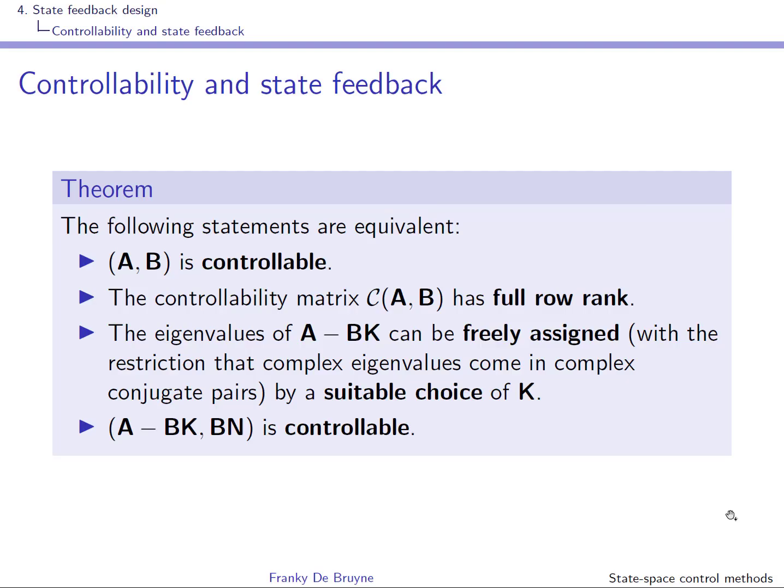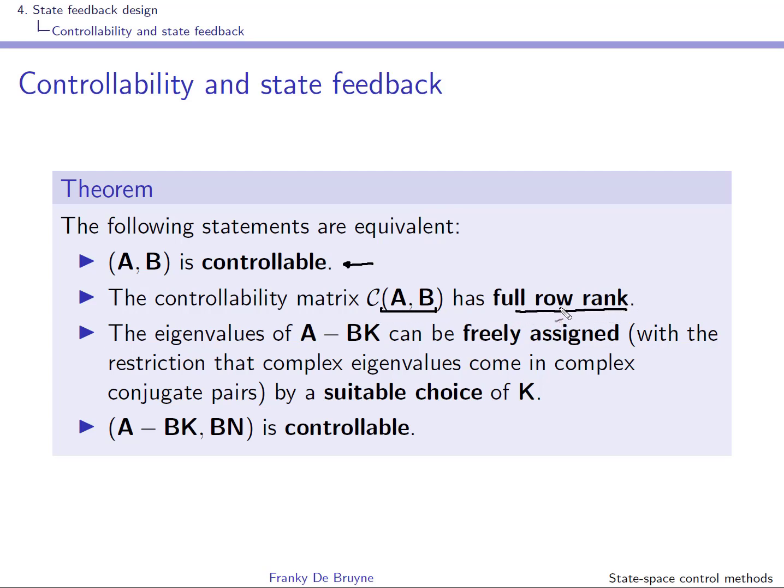We've said previously that before you do your state feedback design, you should always check if your pair AB is controllable, right? And this can be done by checking if the controllability matrix has full row rank.